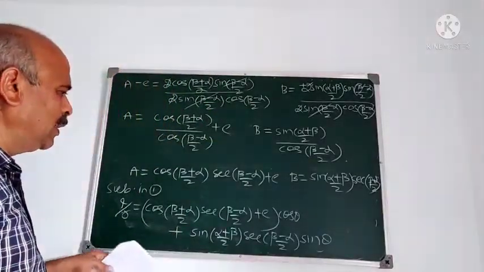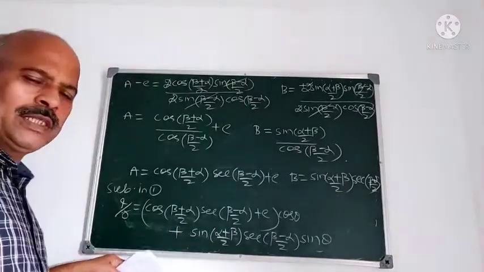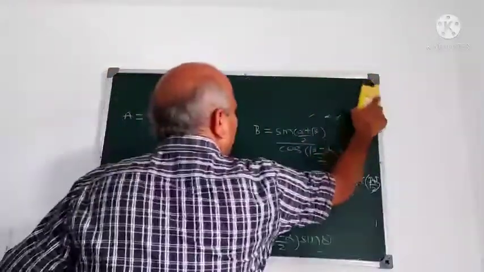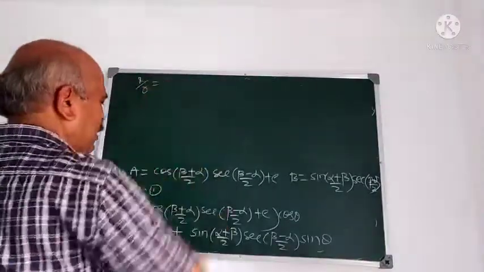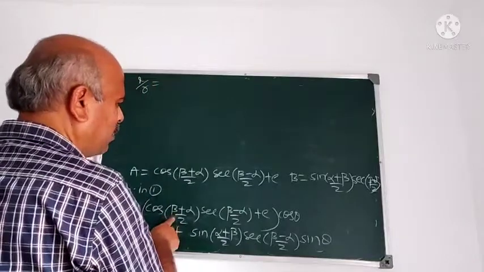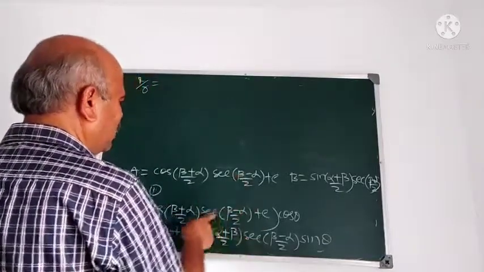This is the polar equation of the chord. It is simplified further. Therefore, L by R is cos((beta plus alpha)/2) sec((beta minus alpha)/2) taken common.